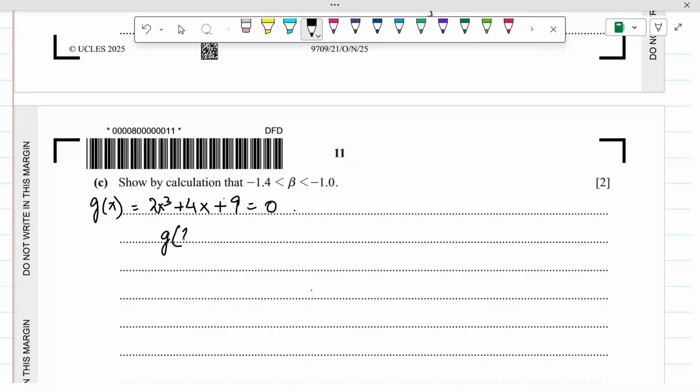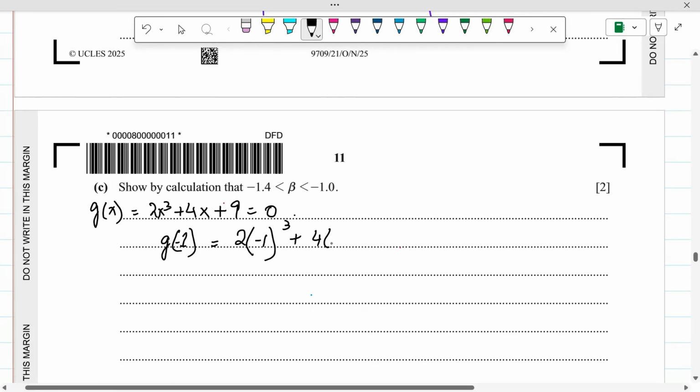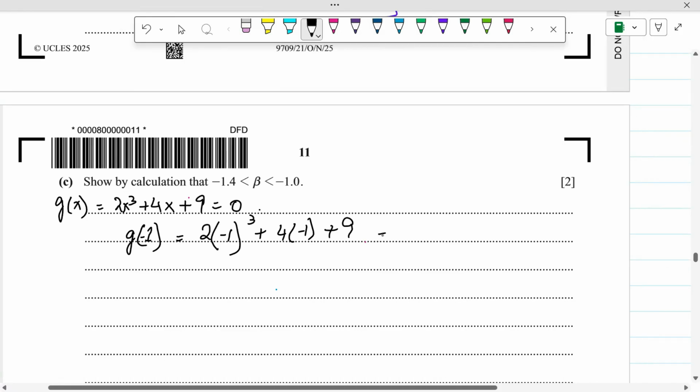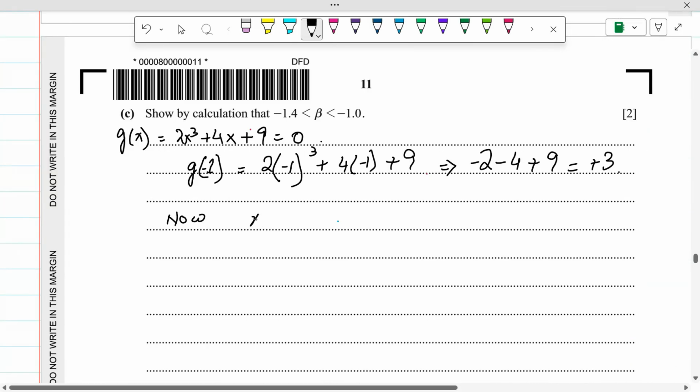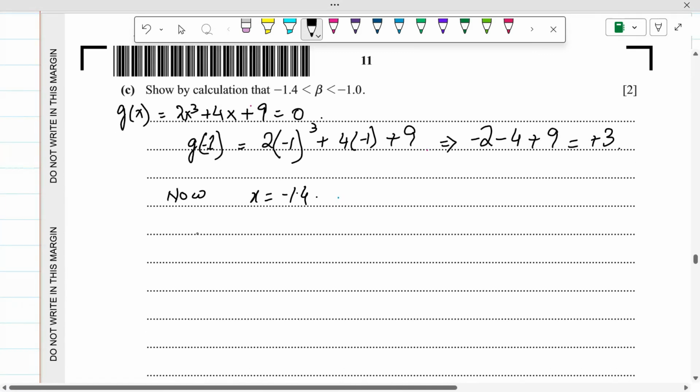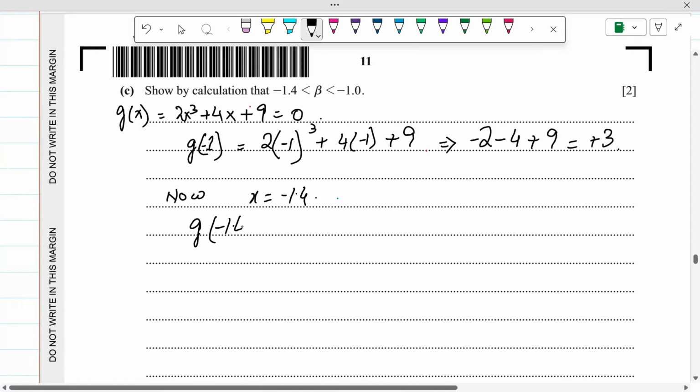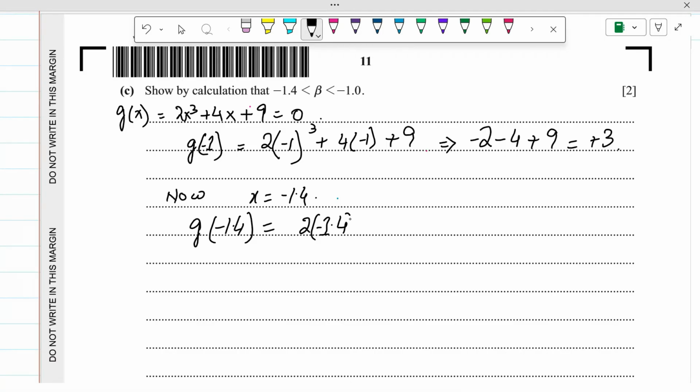For example, g of negative 1 is equal to 2 times negative 1 to the power of 3, plus 4 times negative 1, plus 9. This is equal to negative 2 minus 4 plus 9, which is positive 3. Now x is equal to negative 1.4. So g of negative 1.4 is equal to 2 times negative 1.4 cubed plus 4 times negative 1.4 plus 9.